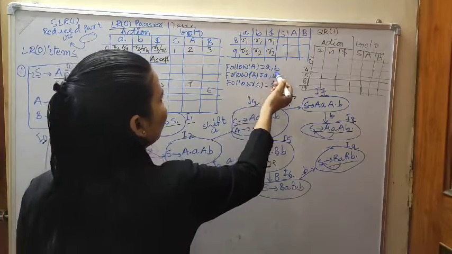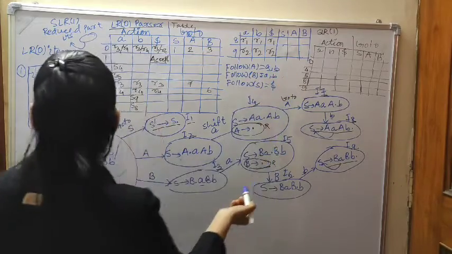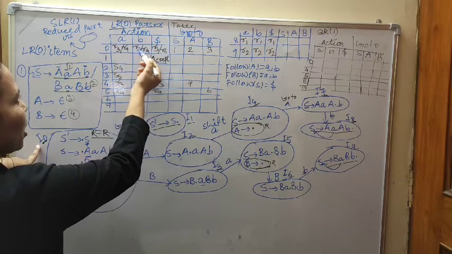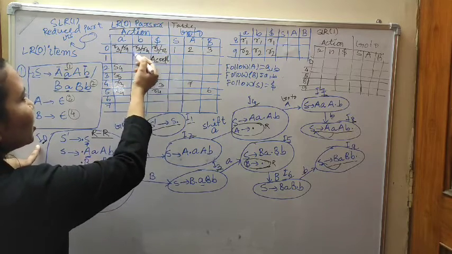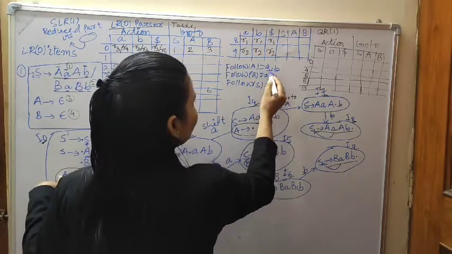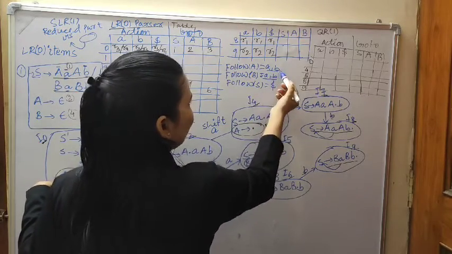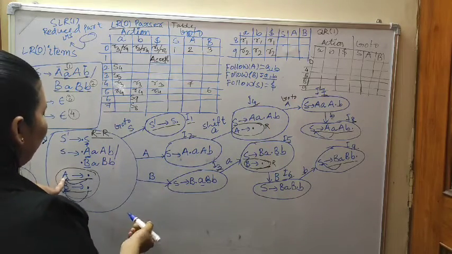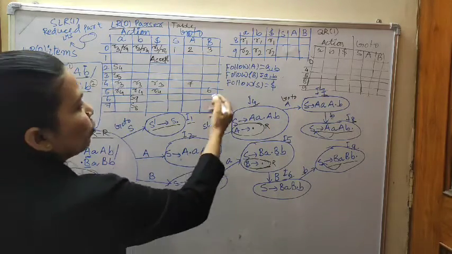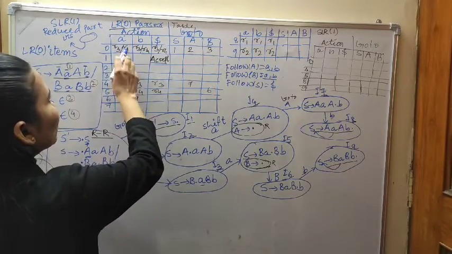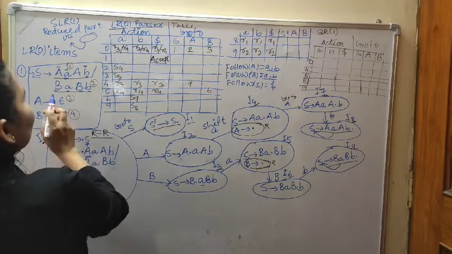Now, in state 0, if you check, R3 and R4 are the reduce parts. For the production with Follow of A, A comma B is given. So these two places get production rule 3.